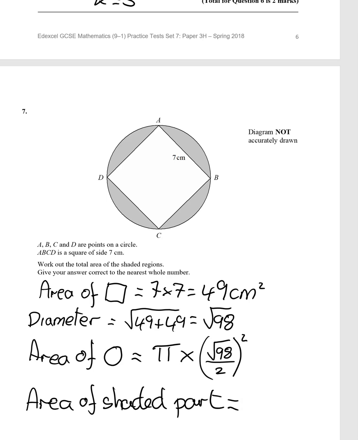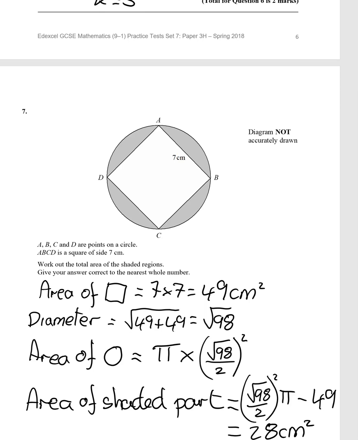So it's basically root 98 divided by 2 squared pi, which is the area of the circle, minus 49, and we need nearest whole number. So actually, depending on what value of pi you've used, it gives you 28 centimetres squared.